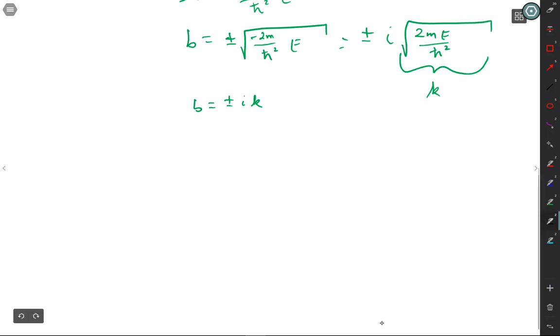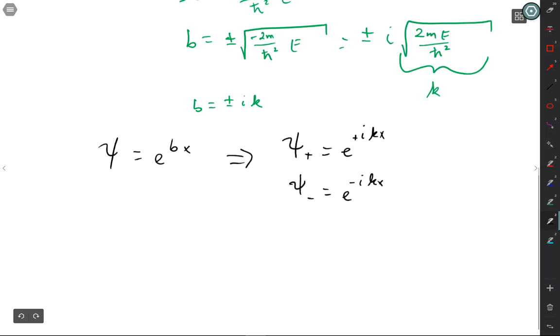I said the solution was equal to e to the bx. So now we have two solutions. Psi plus equals e to the plus ikx, and psi minus is equal to e to the minus ikx. So we have two different solutions that work.